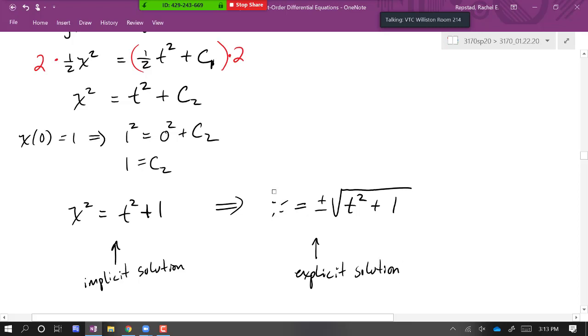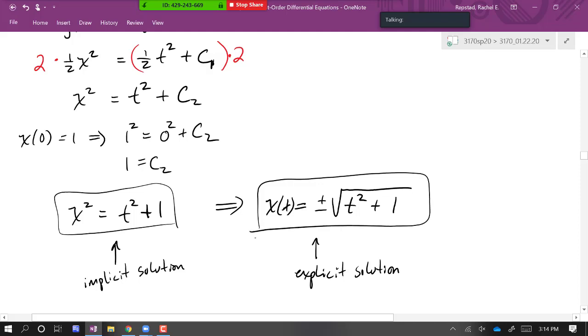That's x, or x of t if you want to be clear about that function notation. Either's fine. When you're asked to solve a differential equation, your goal, unless stated otherwise, will be to get an explicit solution.